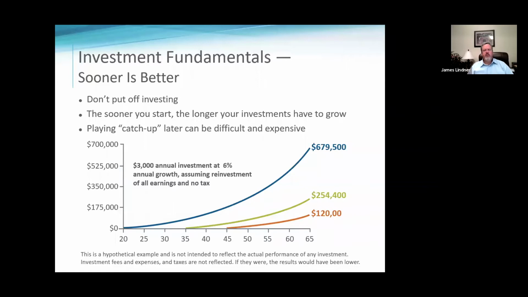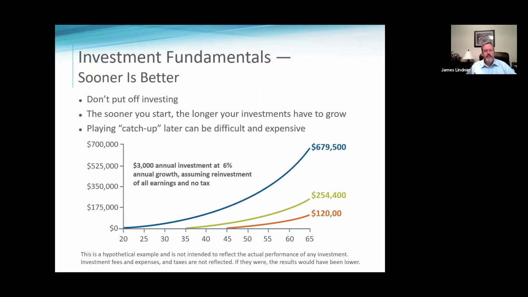And then just as a note, investing sooner is always better if you can. Obviously, we've got so many responsibilities in our lives that we have to deal with: paying off debts, buying a house, starting a family, and all kinds of things.